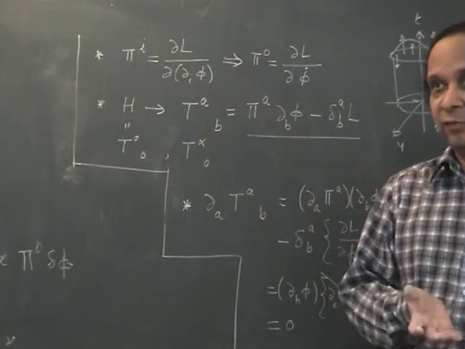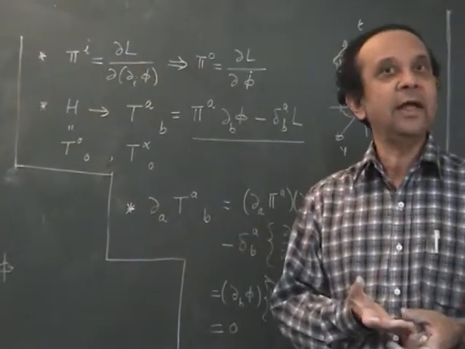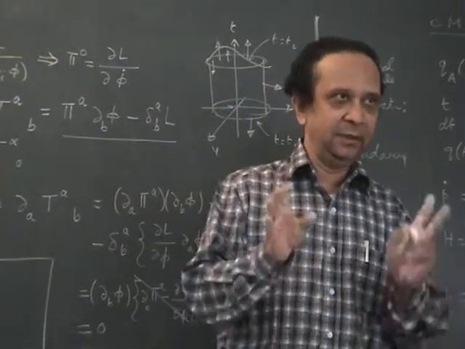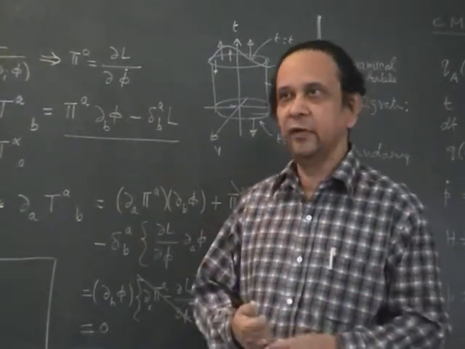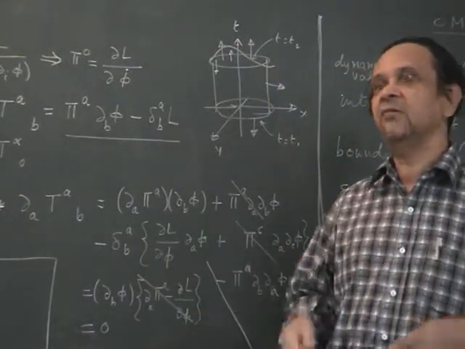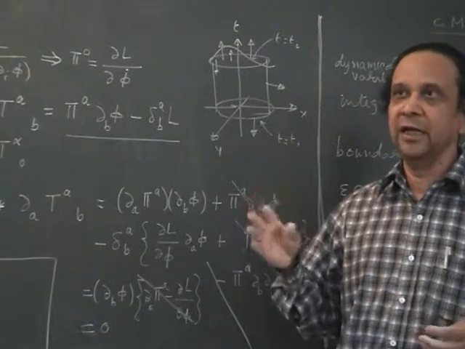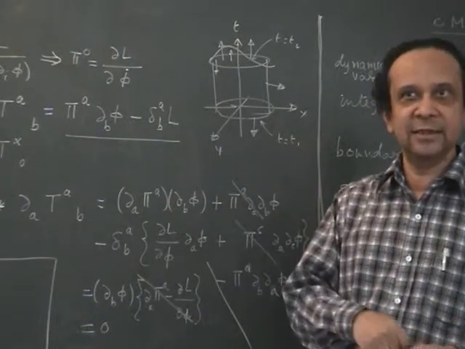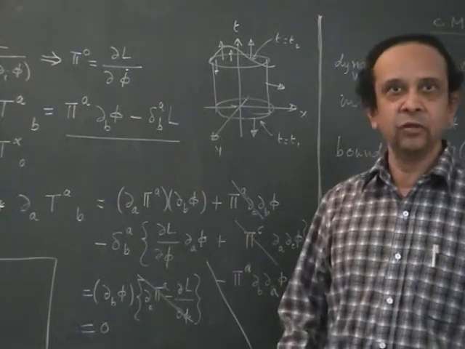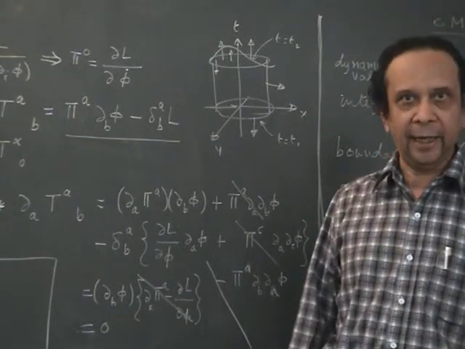But in field theory it is very underused for various reasons, but I personally believe that there is something to be done here. So if any of you are interested, that is something to look at. What happens to the Hamilton-Jacobi equation, and later on to the Schrodinger equation, which we will derive for the fields? That is worthwhile, but since we are not going to need it, I am not going to go into that.